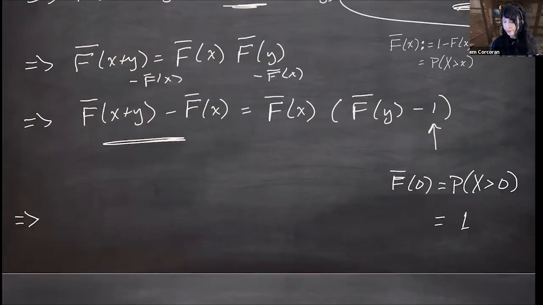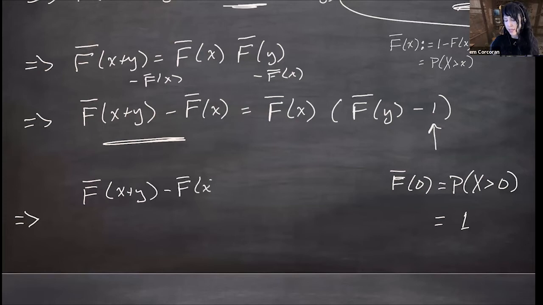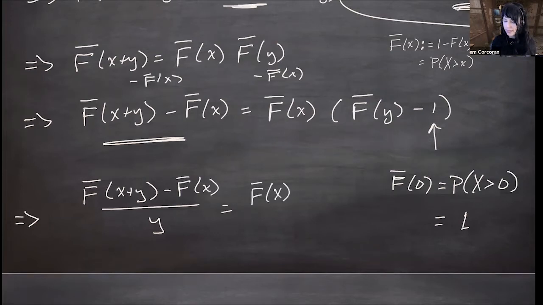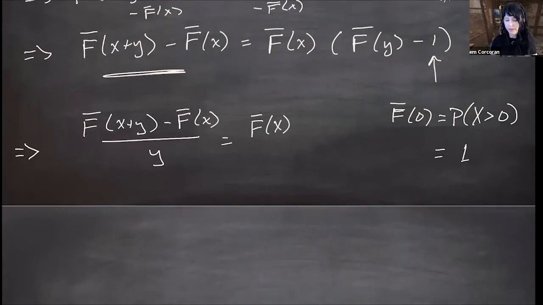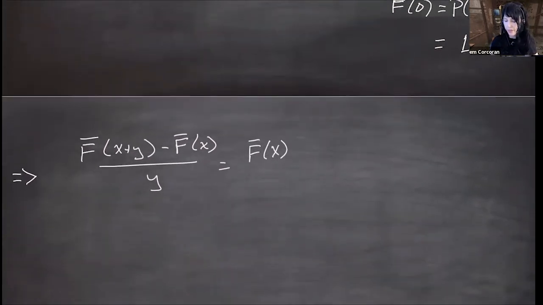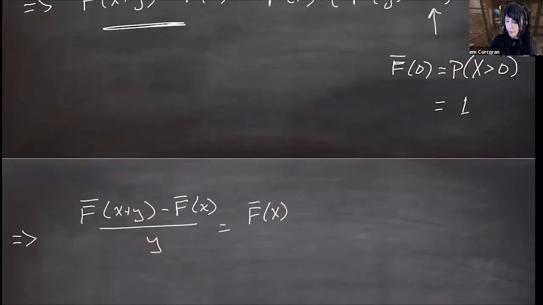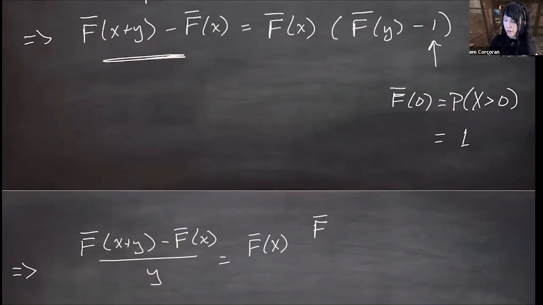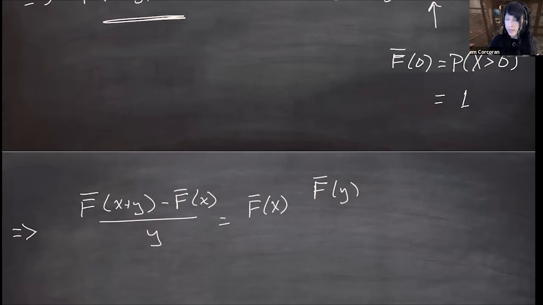Okay, so on the left, I've got F bar of x plus y minus F bar x, over y. And on the right, I've got F bar x times F bar y minus 1, but I'm rewriting the 1 as F bar 0.